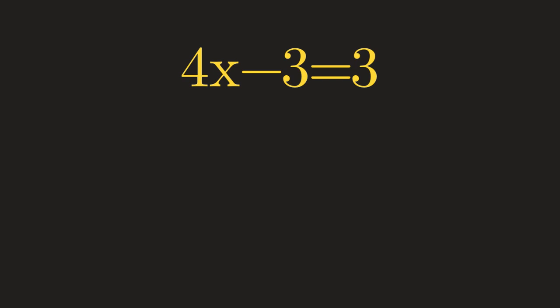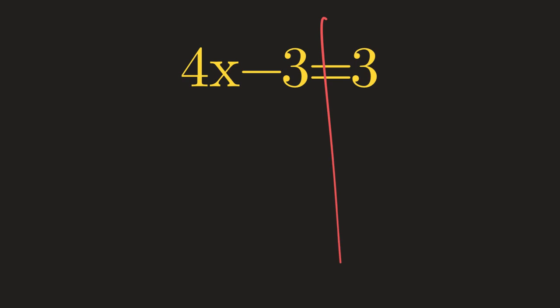4x minus 3 equals 3. There we go. Left side, right side. What are we probably getting rid of first? Negative 3. Okay, I agree.